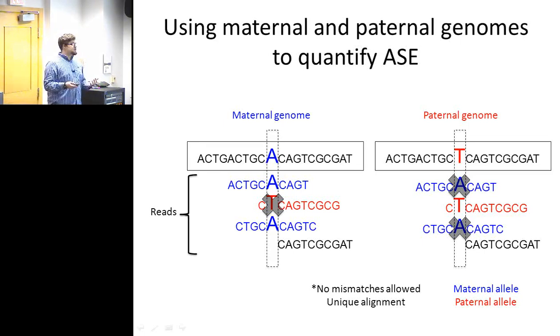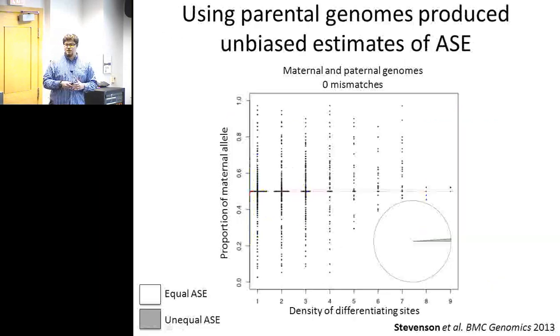So when we use this strategy, we see that regardless of the density of differentiating sites, the systematic bias toward preferentially calling, in this case, the maternal allele, arbitrarily chosen, has been removed. And the proportion of differentiating sites showing some level of unequal allele-specific expression has been drastically decreased.